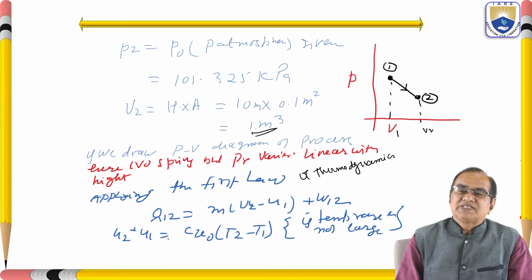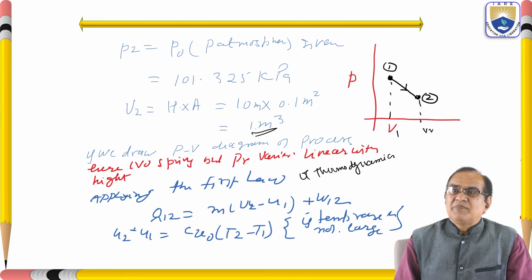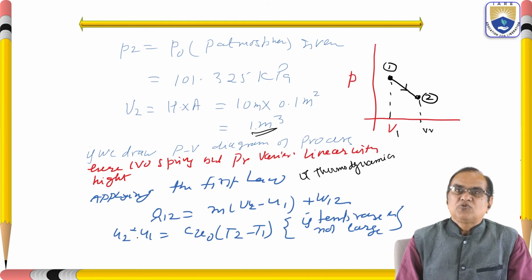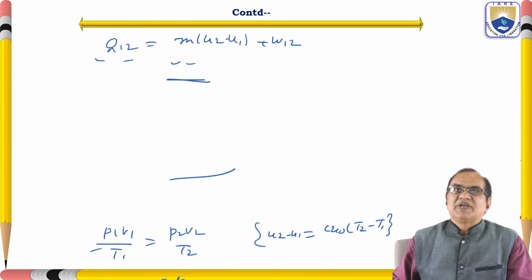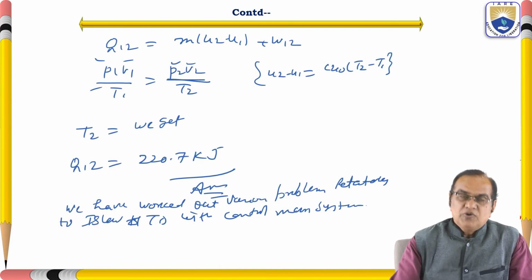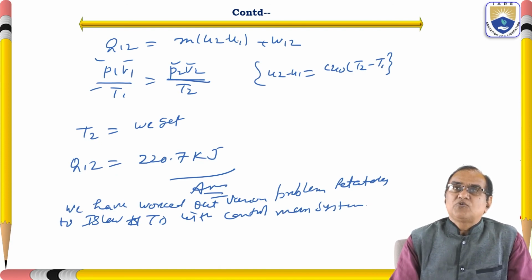U2 minus U1 we can write as Cv naught times T2 minus T1 if the temperature range is not very large. So in that case, U2 minus U1 we can find out by this method. So here Q12 is equal to m times U2 minus U1 plus W12.